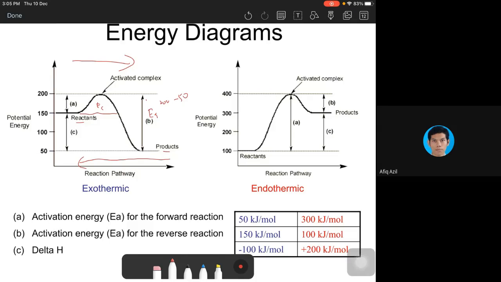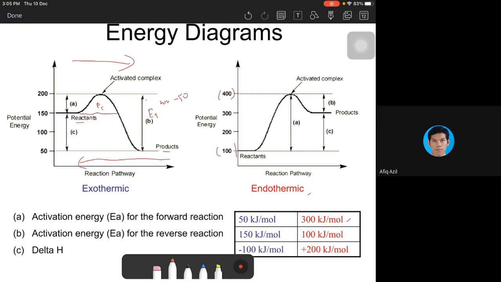And in the same way, you can also calculate for this endothermic reaction. So you get the value of 300 kilojoule per mole by taking 400 minus 100. That's how you get 300.